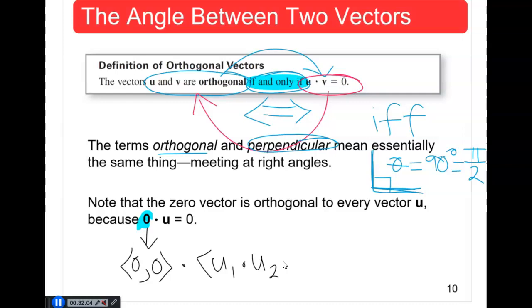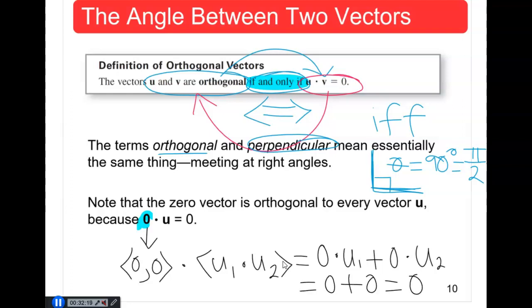If we apply the steps to calculate the dot product, it will be 0 times u sub 1 plus 0 times u sub 2. And of course, we will have 0 plus 0, which is equal to 0. And so that's why we have that statement that says the 0 vector is orthogonal to every vector.